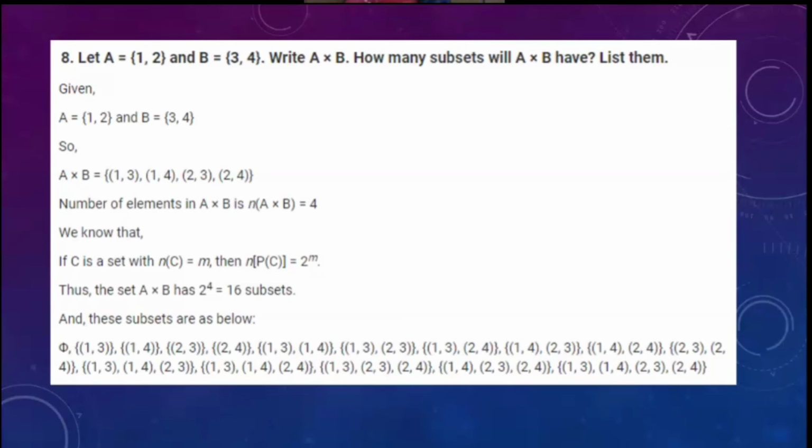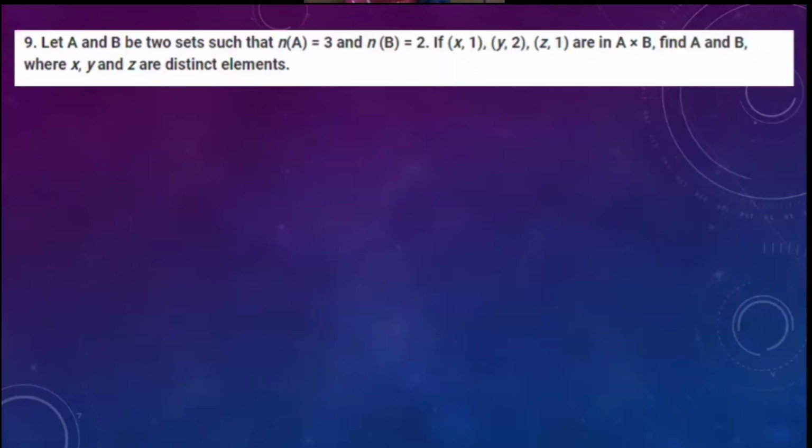You know that phi is a subset of every set, that is why I am writing phi here, and the other subsets I wrote in order here. Total 16 will come. If you are missing any, you missed some ordered pair, so you need to check. Now my next question is the ninth one.